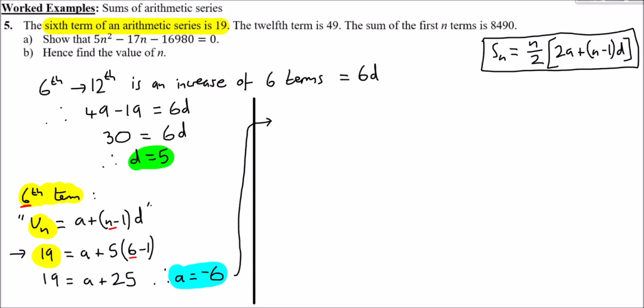So here though, we're told what Sn is. We're told the sum of the first n terms is 8490. So that's what our sum is.